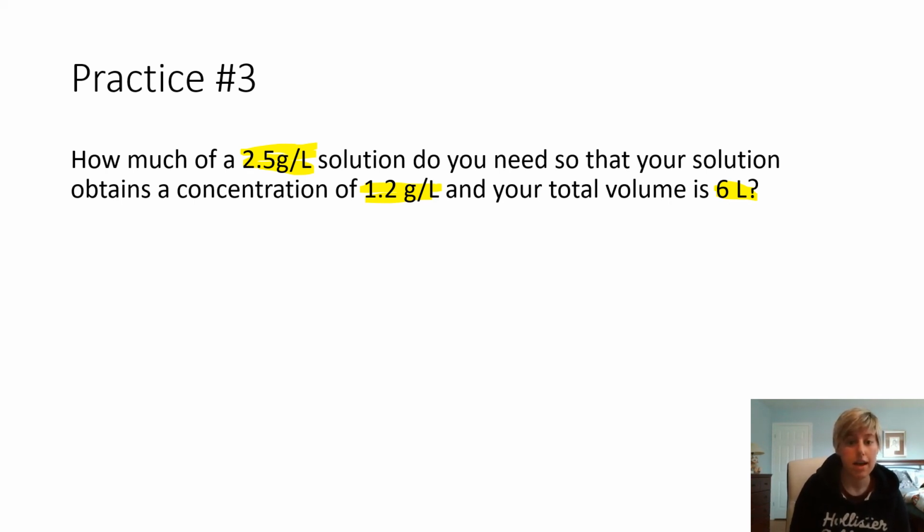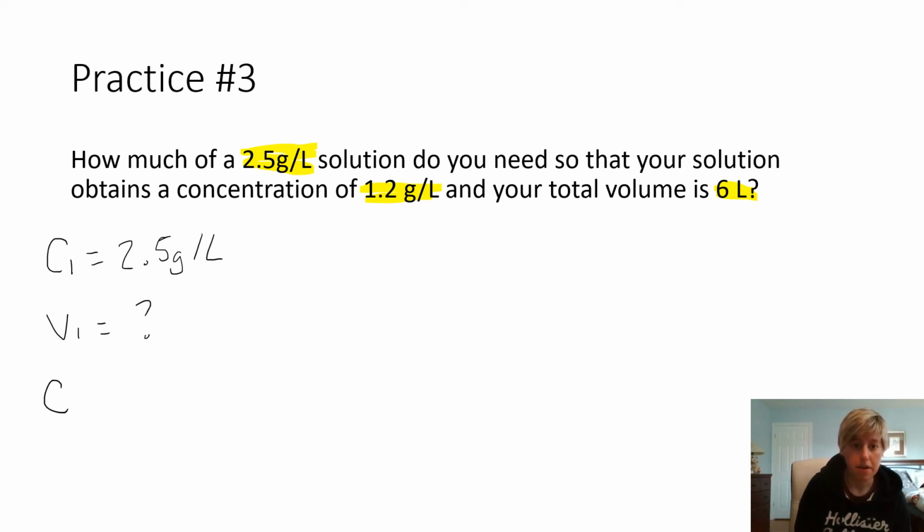I don't actually have my initial concentration and initial volume. I only have my initial concentration, C1, which is 2.5 grams per liter. I don't have V1, but I know that my final concentration becomes 1.2 grams per liter, and my final volume becomes 6 liters.